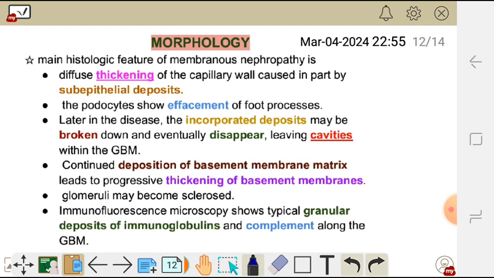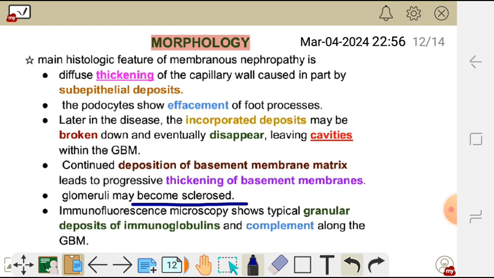Then apart from that, continued deposition of basement membrane matrix will lead to thickening of basement membranes. Okay, so once those complexes are being deposited in the basement membrane matrix, the basement membrane matrix will do what? Will thicken. Okay, and the glomeruli may also become sclerosed.